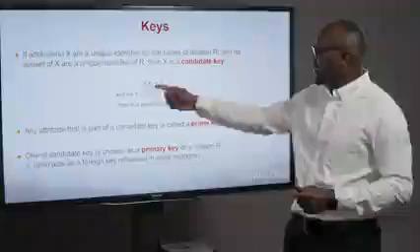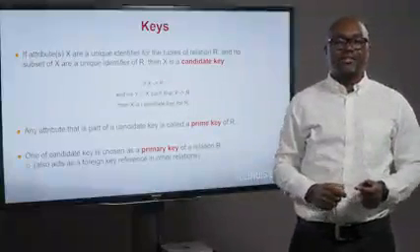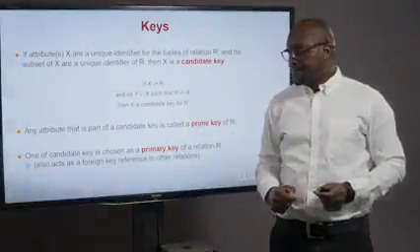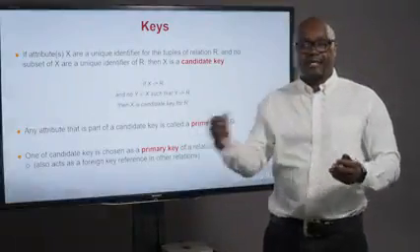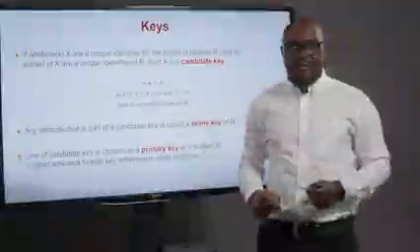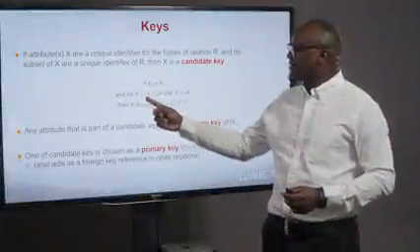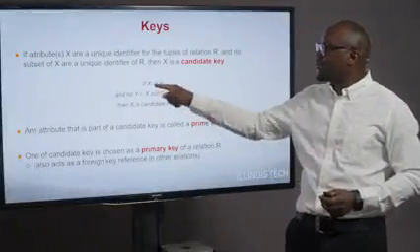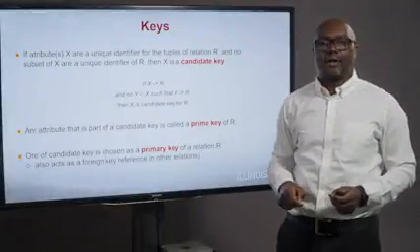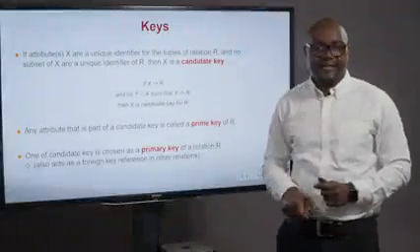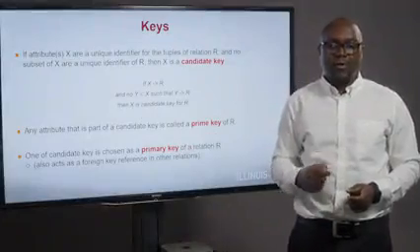If X functionally determines R, or if X is a unique identifier of R, R being our relation or our table, and no subsets, in this case Y is a subset of X, if there are no subsets that can do the same job as X, then we can say that X is a candidate key for a relation R.